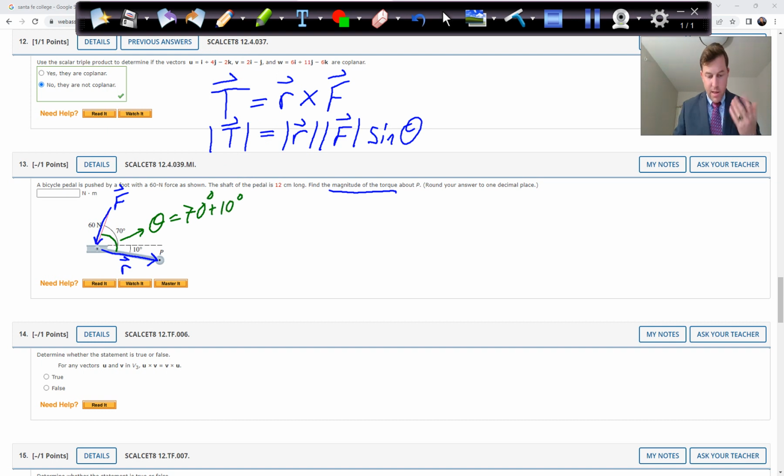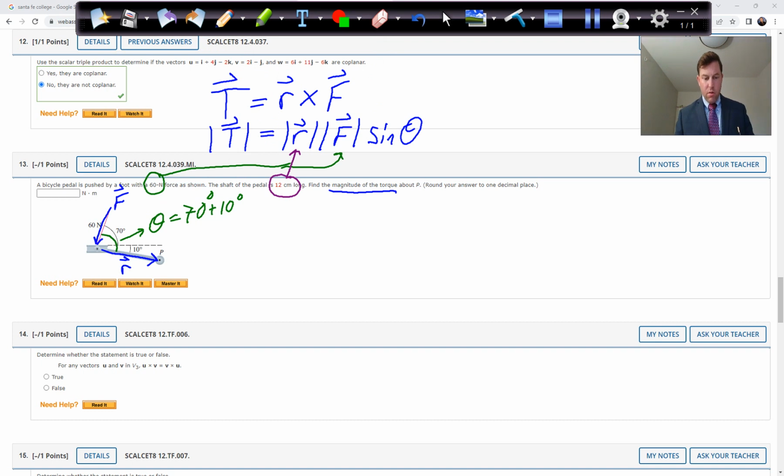And they gave us the magnitudes. So they said it's a 60 Newton force. That is the magnitude of the force. And it told us that the radius vector is 12 centimeters long. So that is the magnitude of R.